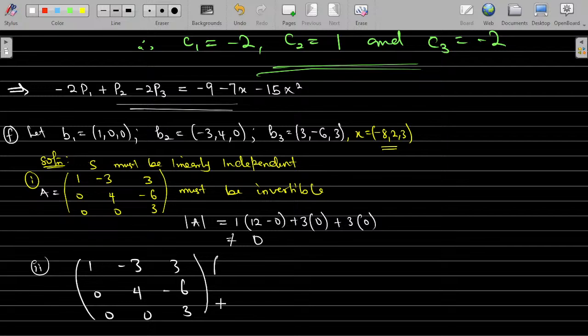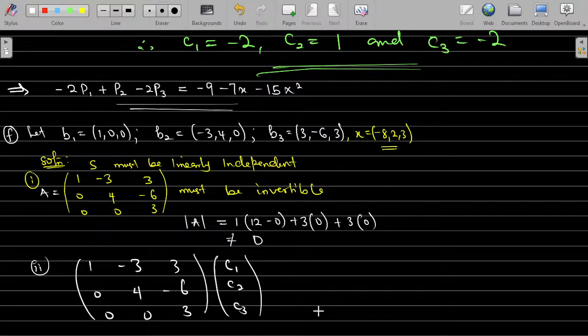That if you produce some C1, C2, and C3 with this, that it is going to be equal to our minus 8, 3, 2, and 3. So that's actually what this is saying. Is that correct?